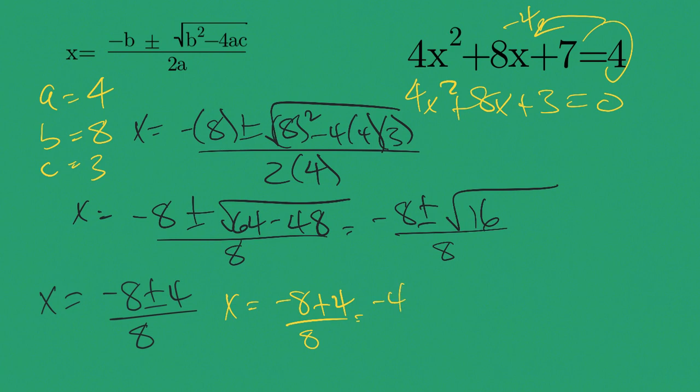And what's negative 4 over 8 reduced to? What could you divide both those numbers by? 4. So that would be a negative 1 over, what's 8 divided by 4? There's one answer right there, negative 1/2.